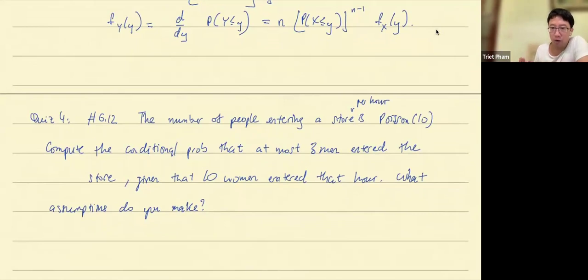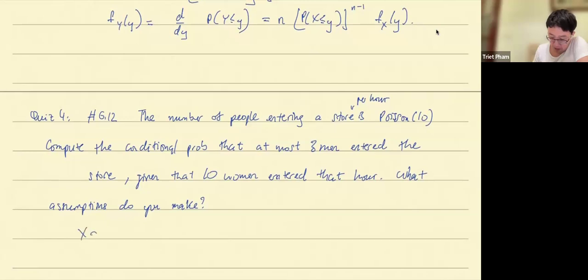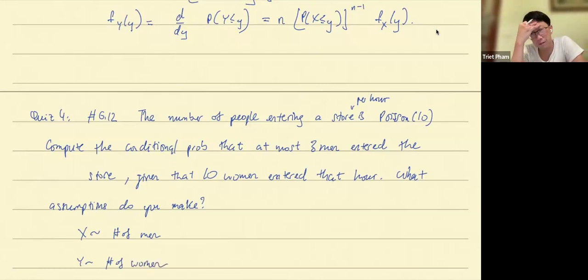So what are the relevant random variables here? They are X, which is the number of men, and Y, which is the number of women, entering the store in that hour. What do we know? What information is given and what's being asked?